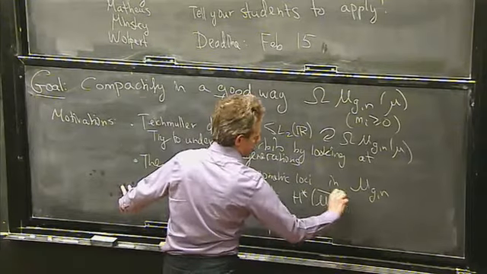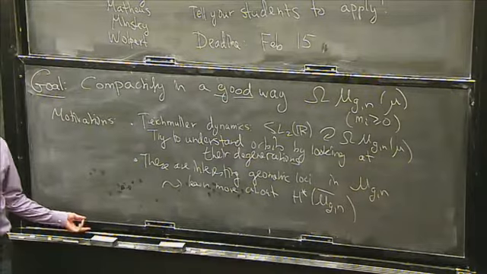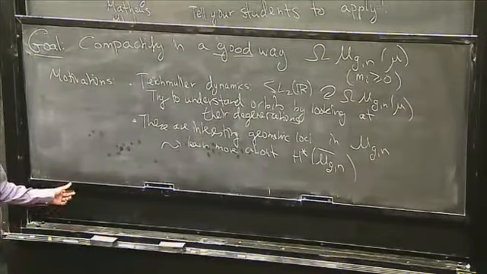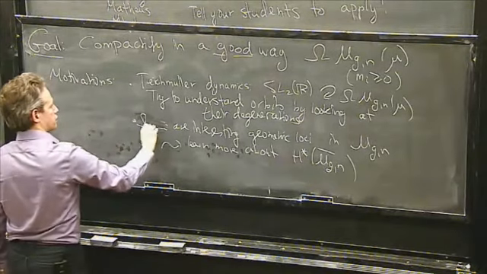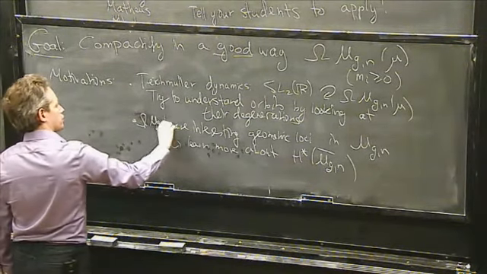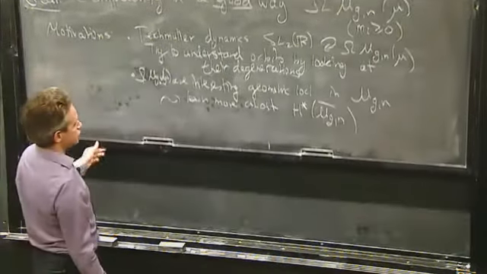Really, you would like to know more about the cohomology of M_{g,n} bar. This is not the direction I'm going to go, but these, meaning the strata, well, not really the strata, but you forget some data and you get an object. Okay. These are some motivations.